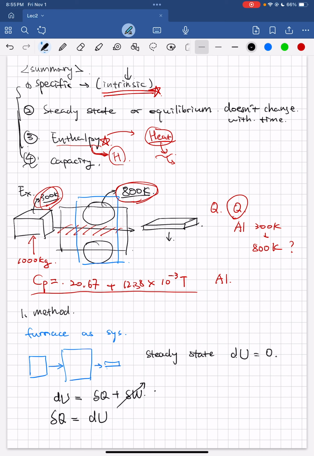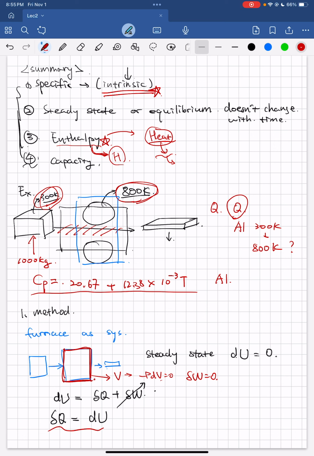Why? We are taking this furnace as the system. Is there volume change? No, right? The furnace, the system, there is no volume change. So that's why PdV is 0, so del W is 0. Del Q equals dU. Alright?